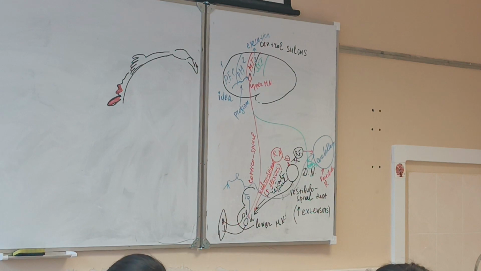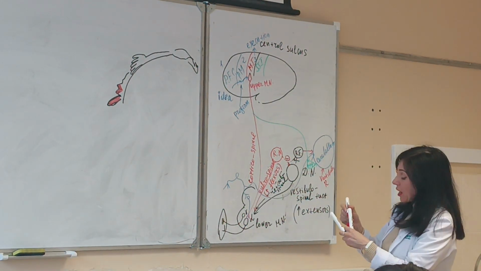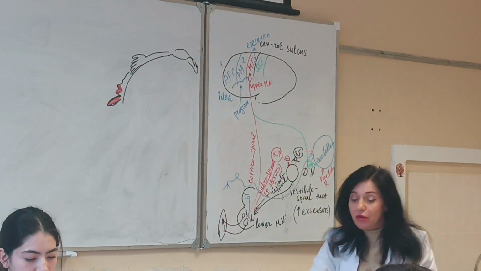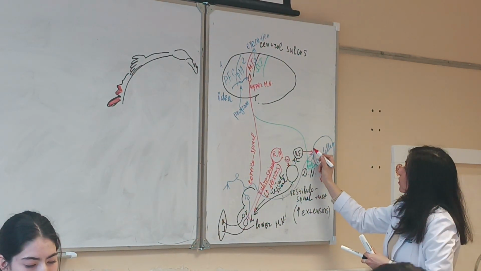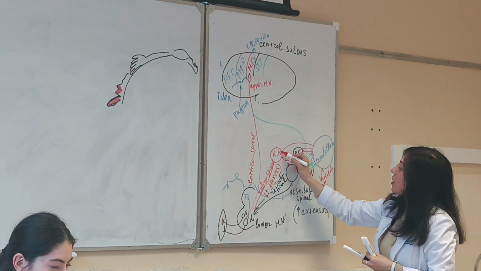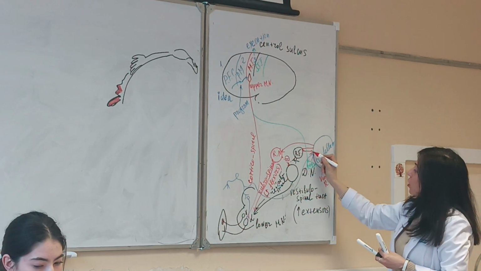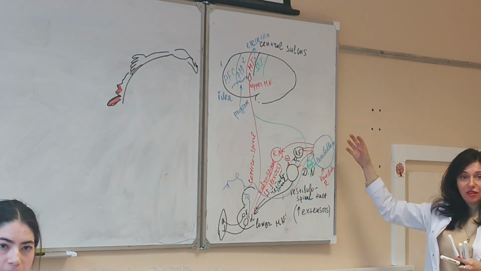The cerebellum has output that comes back to the reticular formation, the red nucleus, and Deiters' nucleus.